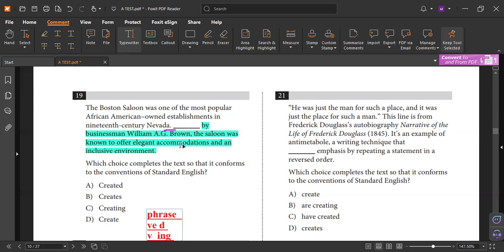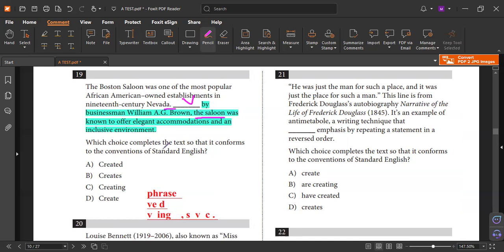So your sentence starts with this, and after it, the subject, the verb, the complement, a complete sentence. So here I need a phrase, not a complete verb. So without thinking, it must be A or C, because B and D are complete verbs.